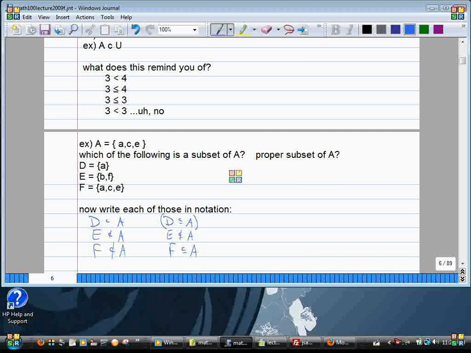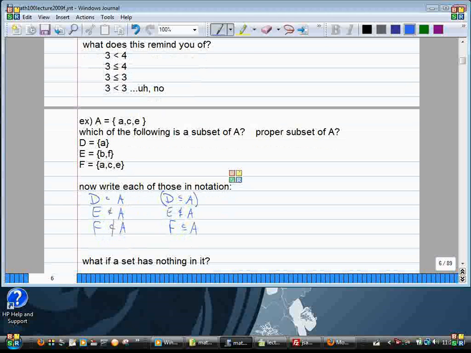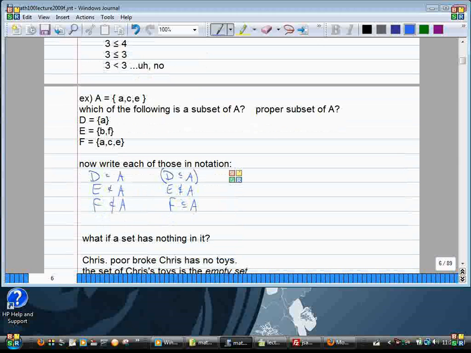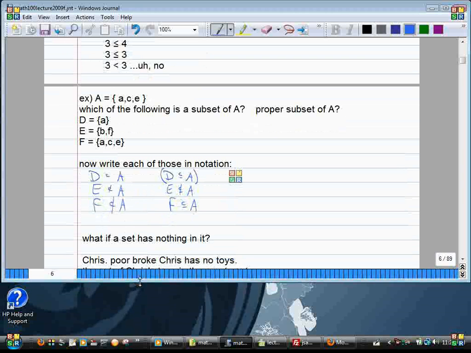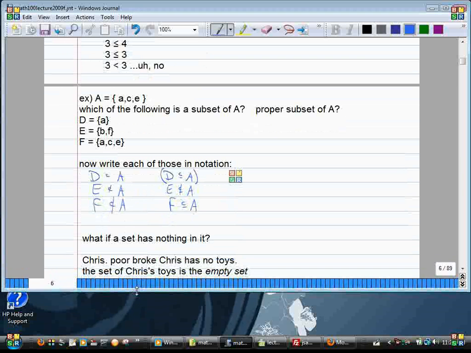So, next. What if a set has nothing in it? To continue with the example from last time, poor broke Chris has no toys. The set of Chris's toys is the empty set.